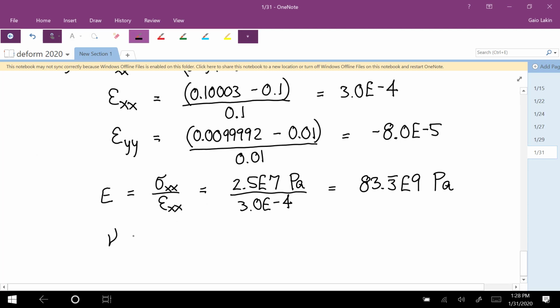And the Poisson's ratio is negative out of axis strain.